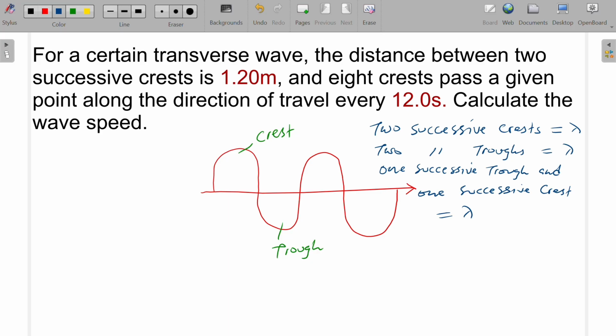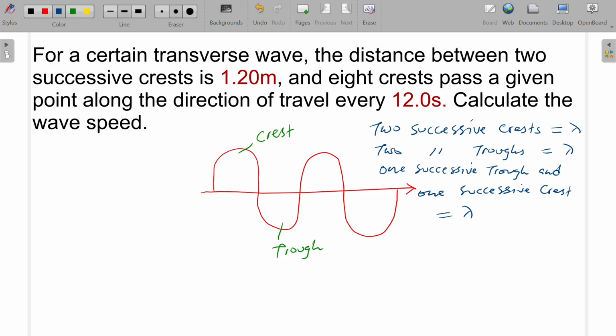So when you're given such information in questions, you need to notice they've given you wavelength indirectly. Whenever you hear two successive crests, that's wavelength. Whenever you hear two successive troughs, that's wavelength. And whenever you hear one successive trough and one successive crest, the distance between those two is also wavelength.